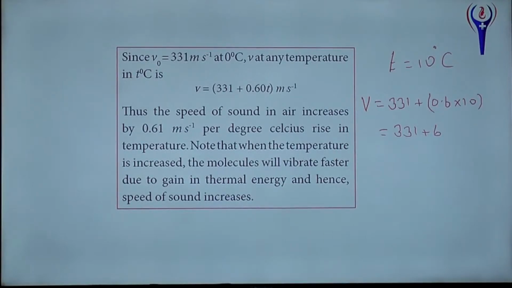Then 331 plus 6 is 337 meter per second. So, velocity of sound in air at 0 degrees Celsius is 331. When temperature increases, what about the velocity? Increases. So, speed of sound in air increases by 0.61 times of T. Okay.